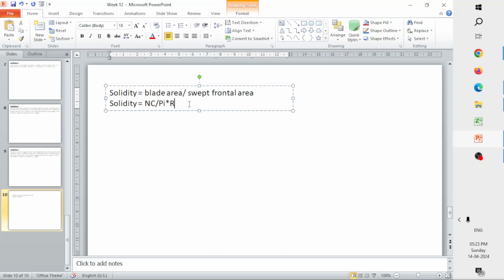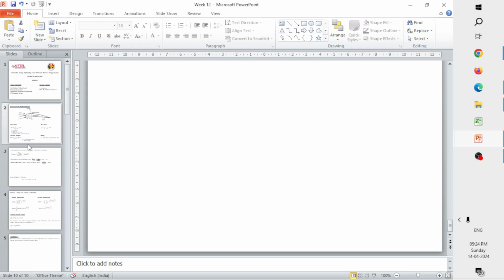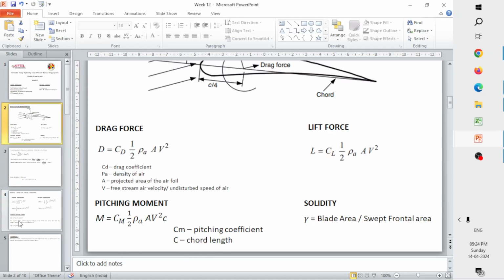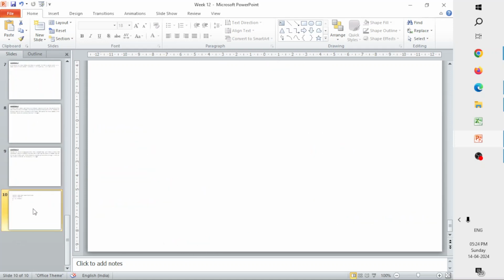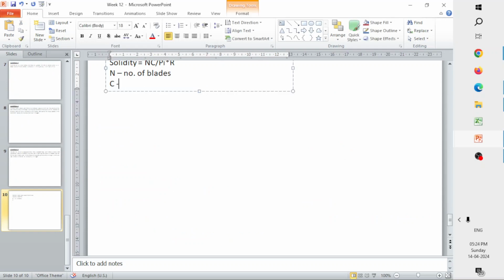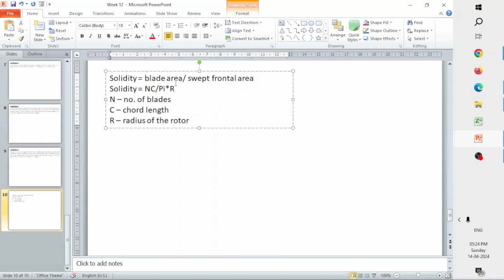Here, what is N? N is the number of blades. C is the chord length. And R is the radius of the rotor, the rotating part of your windmill. So this is the general expression.